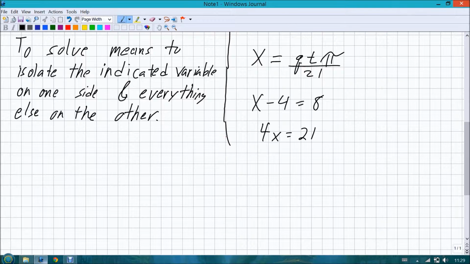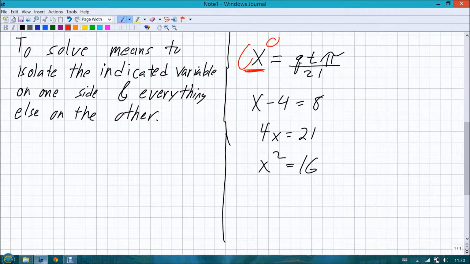Okay, what if we saw something like x squared is equal to 16? Well, again, no, because we've got the 2 hanging out with the x. For it to be solved, the indicated variable must be all by itself.